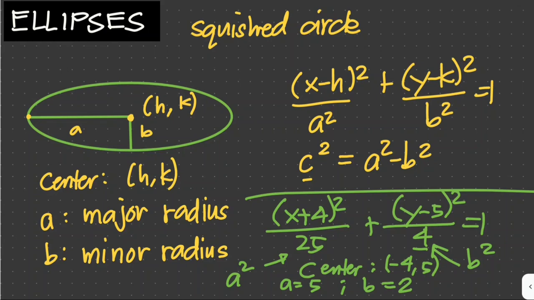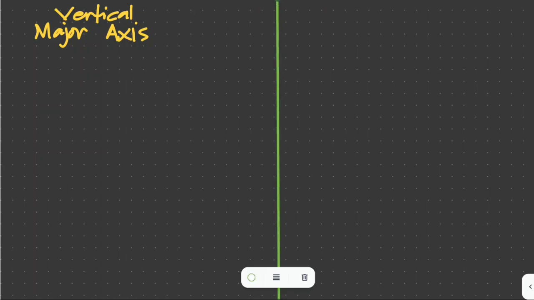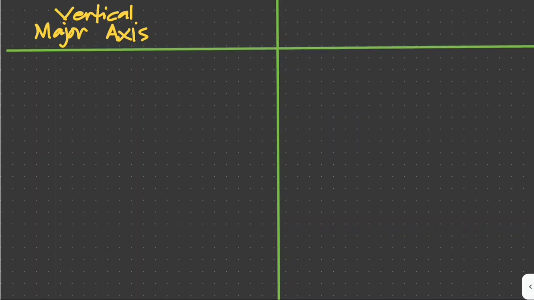Now, let's discuss more formulas for ellipses. Okay, so for vertical major axis, it's right here, vertical major axis. Let's split this in 2. And the other one is horizontal major axis.